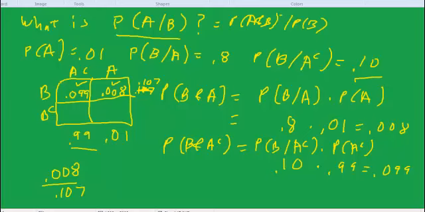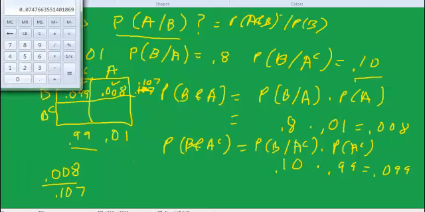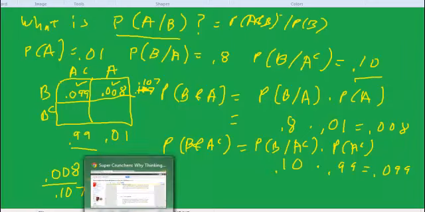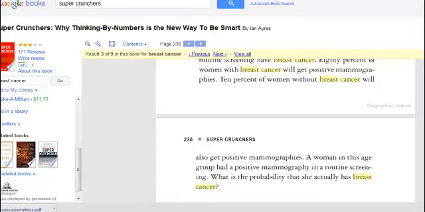Hang on, I'm going to use a calculator for that one. Okay, I got that one now. It's equal to 0.0748, something like that. All right, so there's our answer. It's about 0.075. Well, what did the doctors typically get when they did this problem?